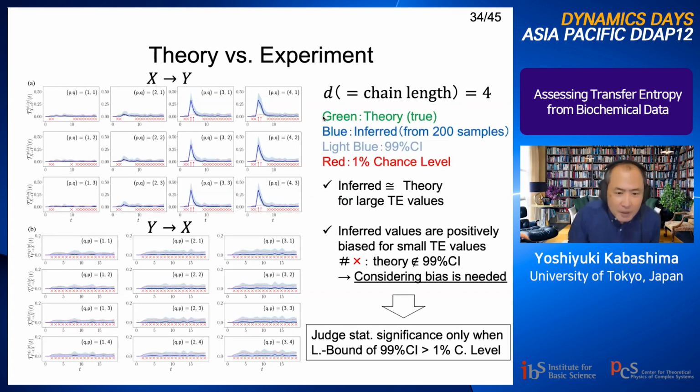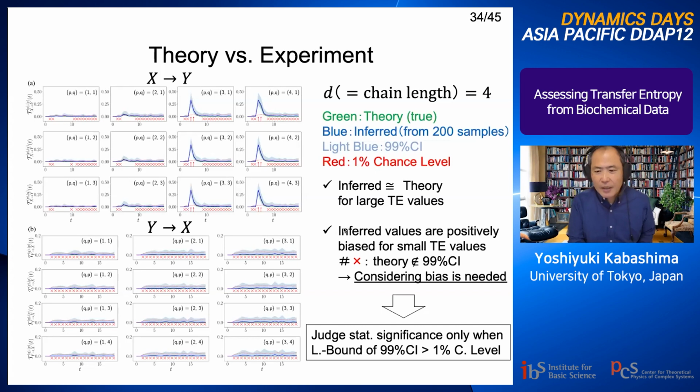Actually, the theory and inferred value almost overlap. It's very hard to distinguish the two. So, at least for this simple system, it is very promising to evaluate the transfer entropy from data of several hundred samples, right?